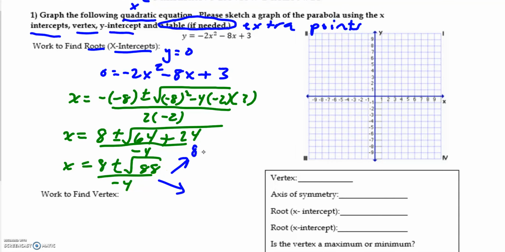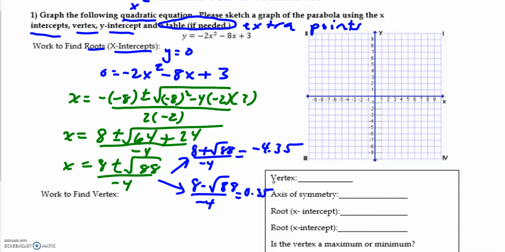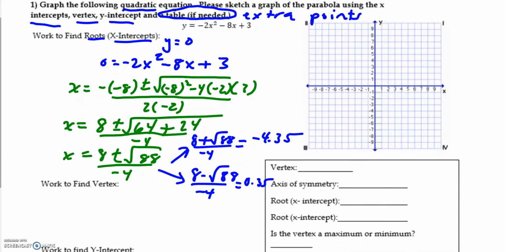So in the calculator I type in 8 plus the square root of 88 over negative 4, and that answer would be about negative 4.35. And if I do 8 minus the square root of 88 all over negative 4, that would be approximately 0.35. So my roots are not perfect, but that's okay, and I'm going to write them in the blanks over here.